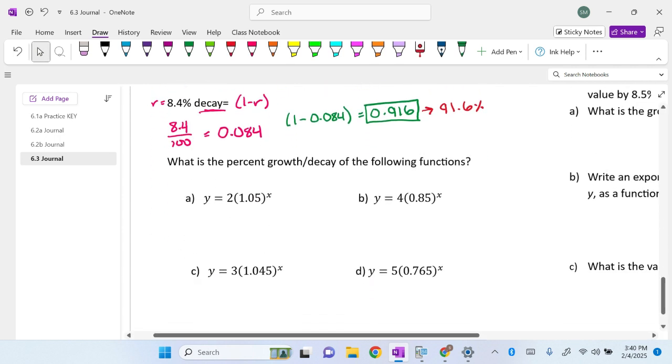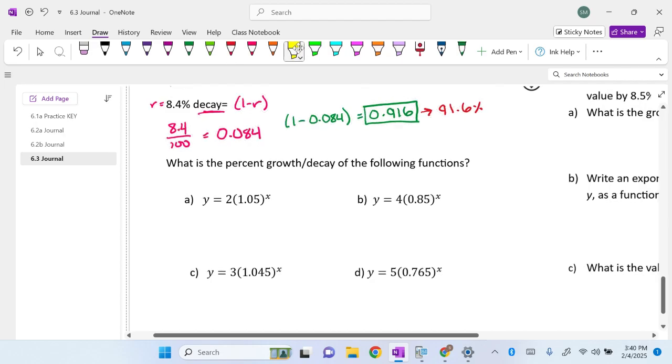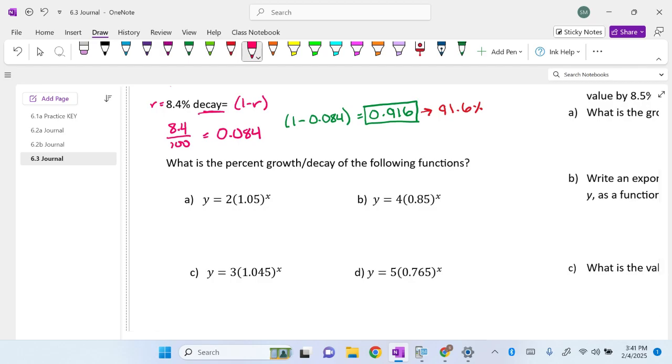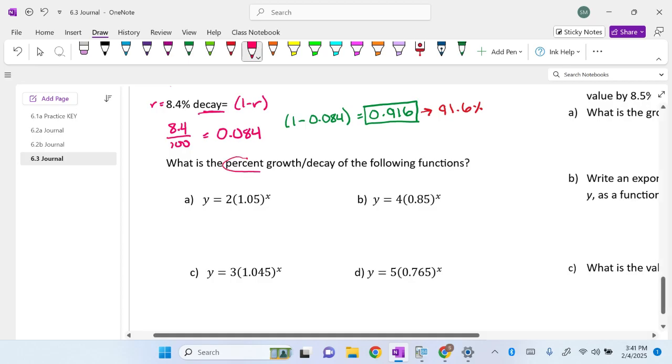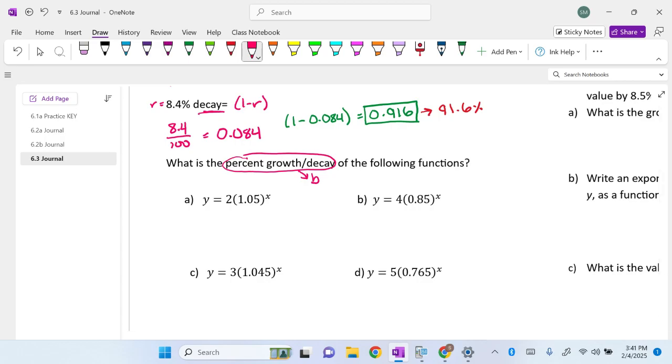Now, it's asking for the percent growth or decay of the following functions. So now we're working backwards. Remember, your rates or your factors come from your b values. So all of this will come from your b value. However, we would have to figure out whether it's growth or decay.